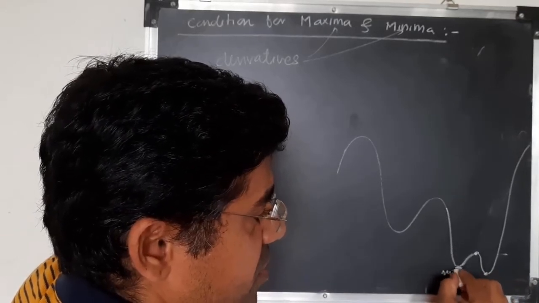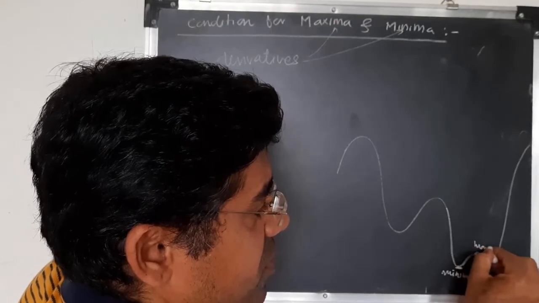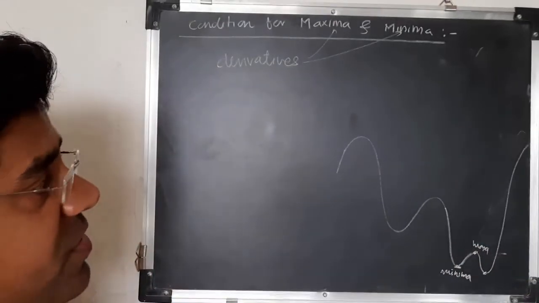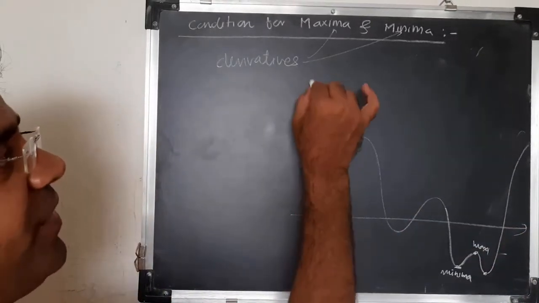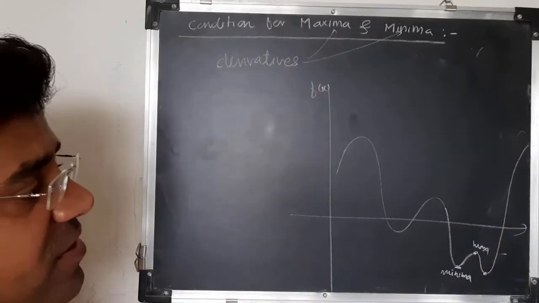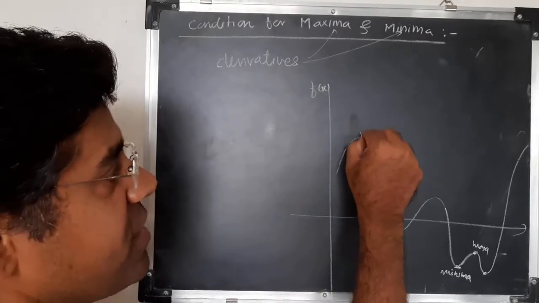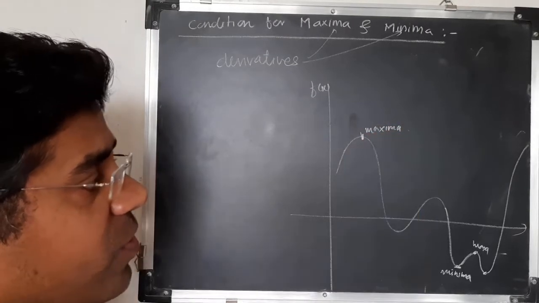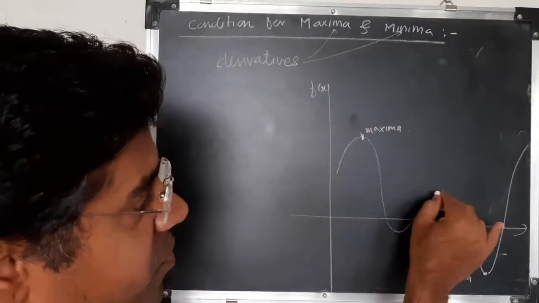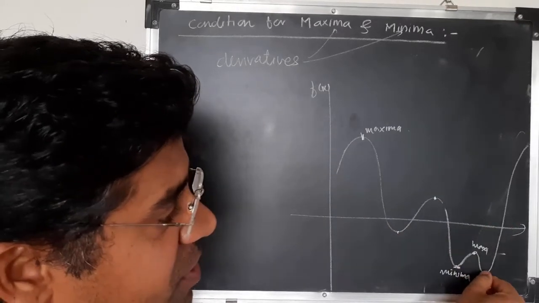So this is the minima point, this is the maximum. In the case of this f of x, this value is larger, this is also a maximum point, this is a minimum point, this is a minimum point.